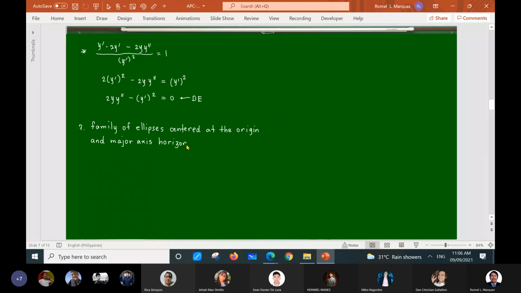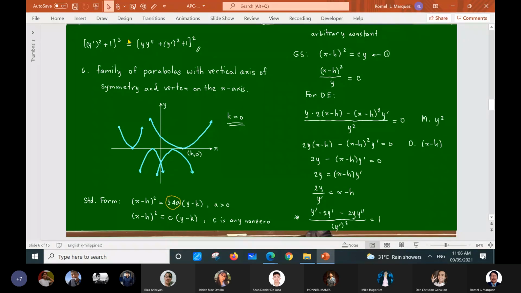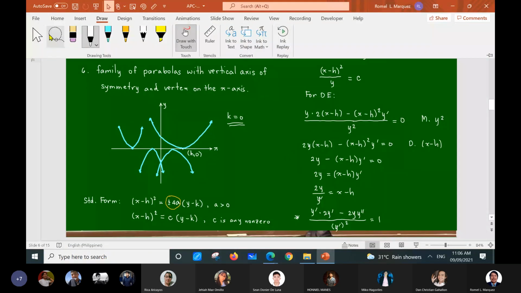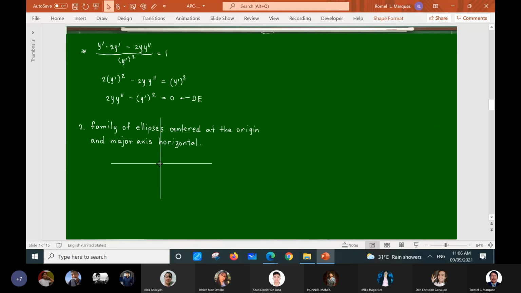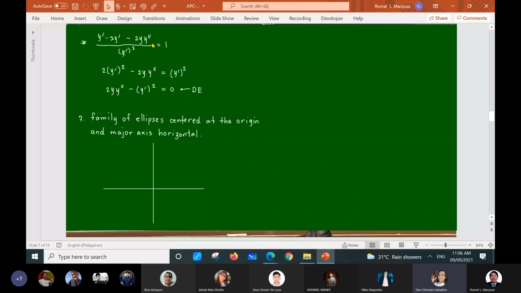Natatandaan, children? Ellipse? How does this look like, guys? Parang oblong. Let me draw ellipse.